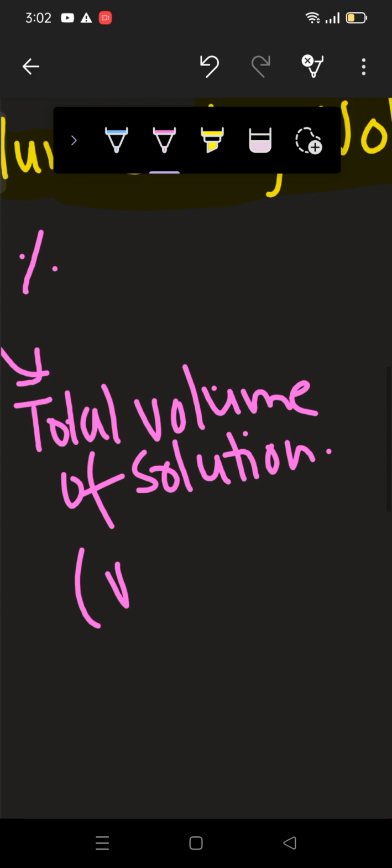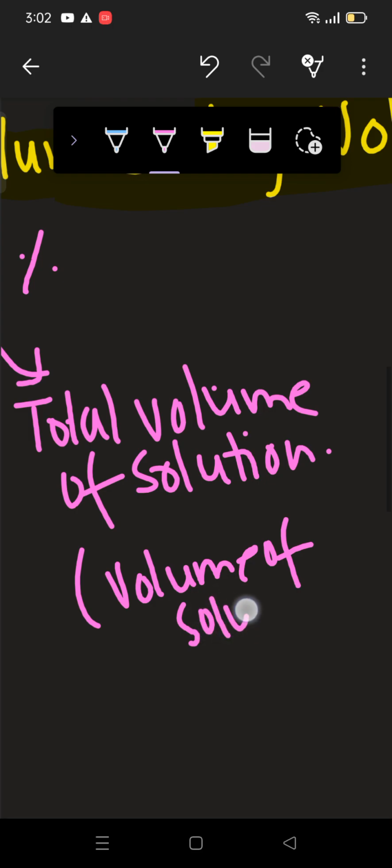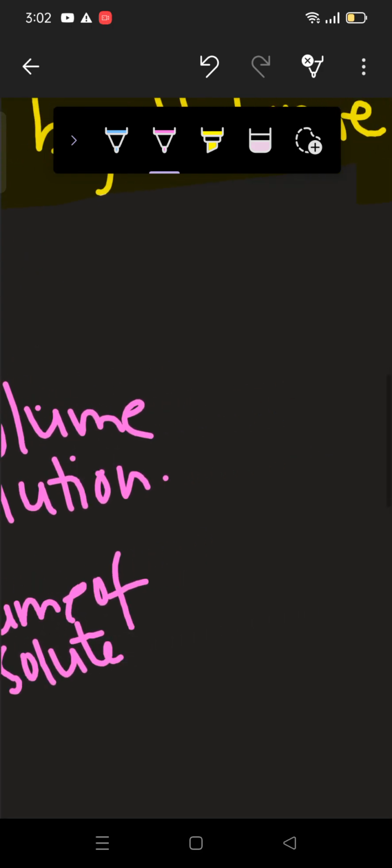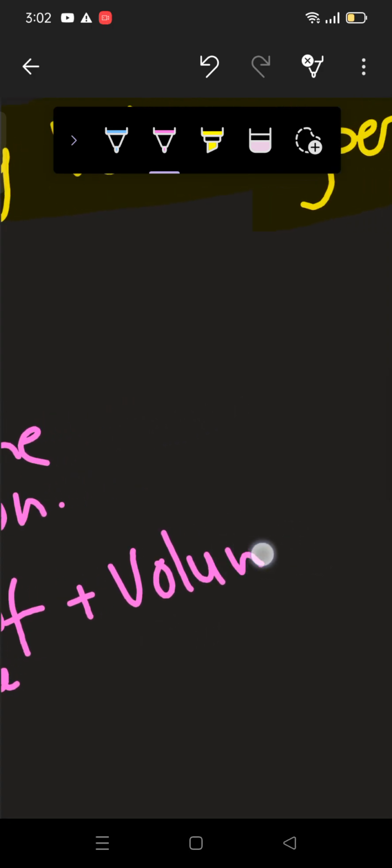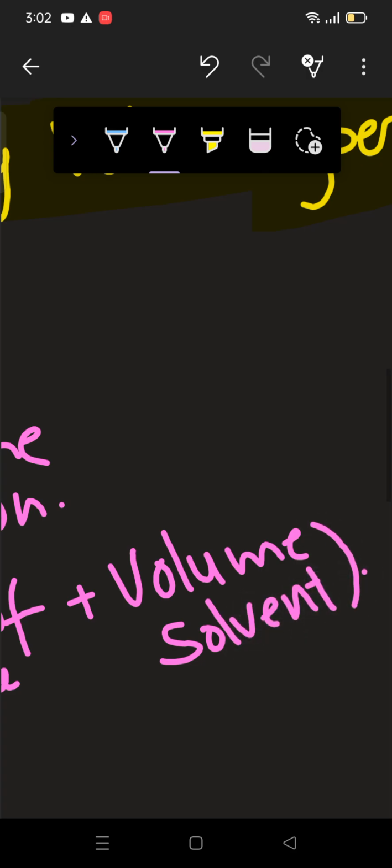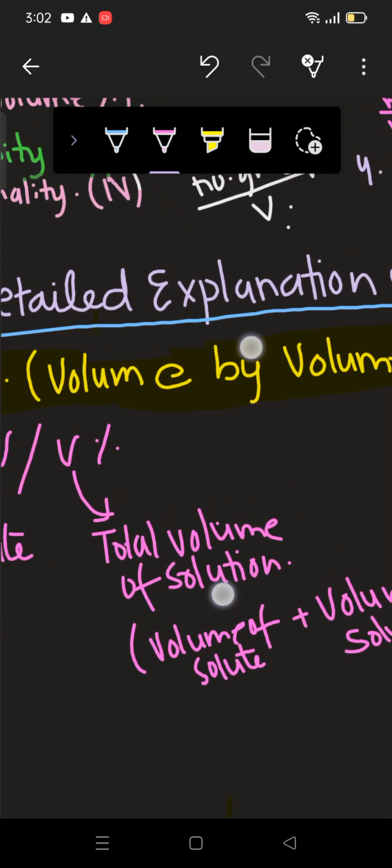So volume of solute plus volume of solvent will give us the total volume of solution.